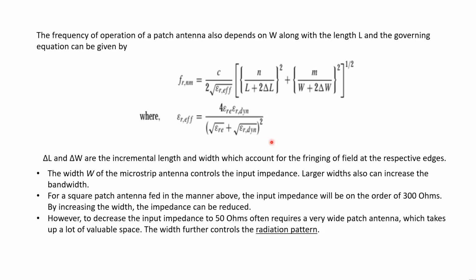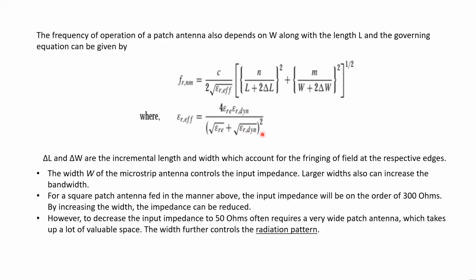So the next equation that you should remember is the frequency is also dependent on width W along with the length L, and the equation is given as C by 2 into root of epsilon r effective, whole of n divided by L plus 2 delta L whole square plus m divided by W plus 2 delta W whole square, whole raised to half, where epsilon r effective is given by the formula 4 epsilon r divided by root of epsilon r effective plus root of epsilon r.